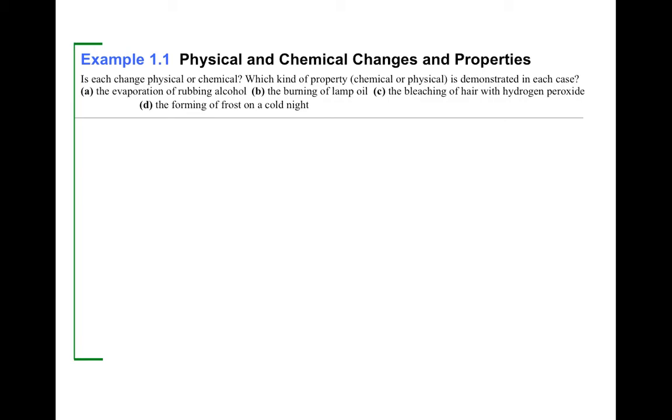Is each change physical or chemical? Which kind of property, chemical or physical, is demonstrated in each case? All right, so first of all, A, the evaporation of rubbing alcohol. Is that physical or chemical? Okay, so if you said physical, you're right. It's a physical change. And what property is it demonstrating?